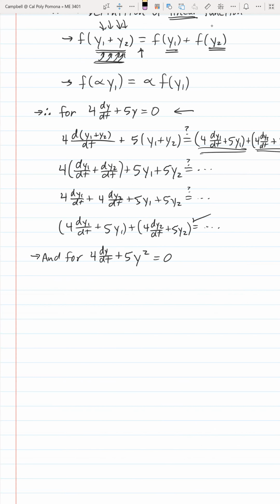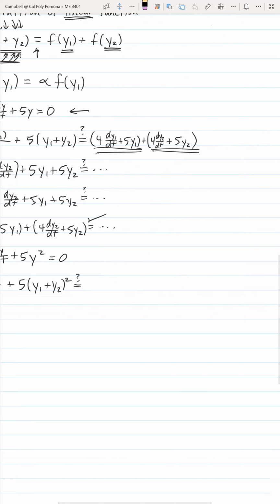So we have 4 dy/dt plus 5y squared is equal to 0. Well, let's go ahead and do exactly the same thing. We need to show that 4 d(y1 plus y2)/dt plus 5(y1 plus y2) squared is equal to exactly the same thing.